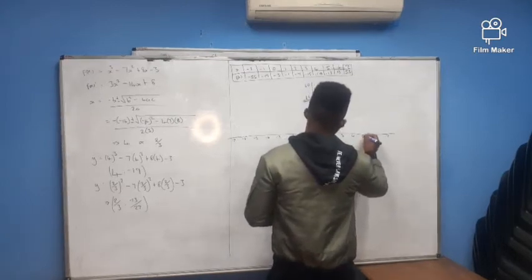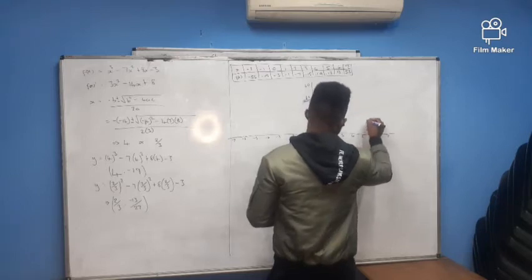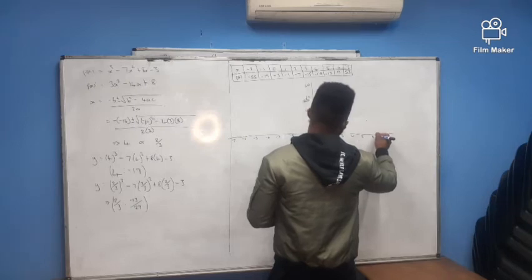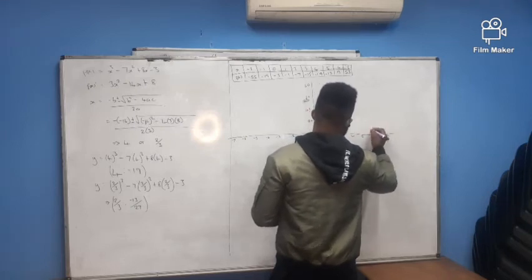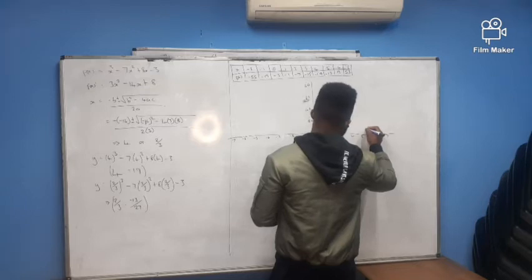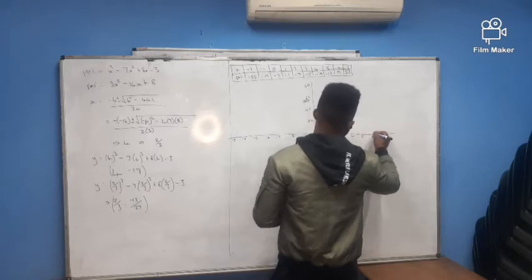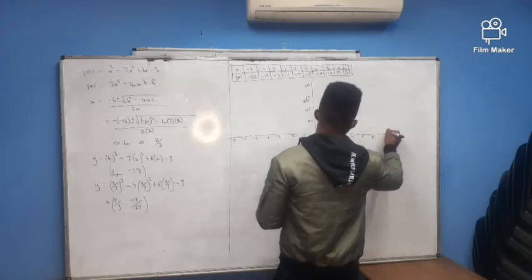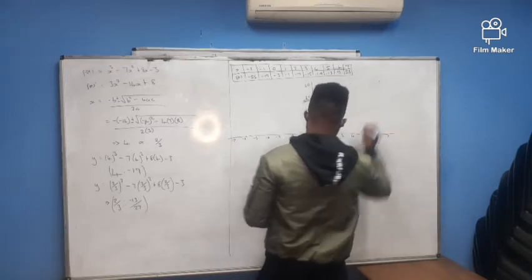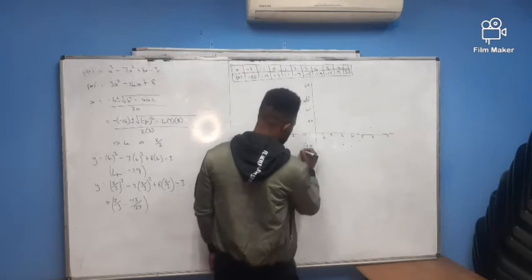When it is 6, it's 9, where can I put 9? When it is 6, this one is 9, just put it there. And then when it is 7, somewhere here.